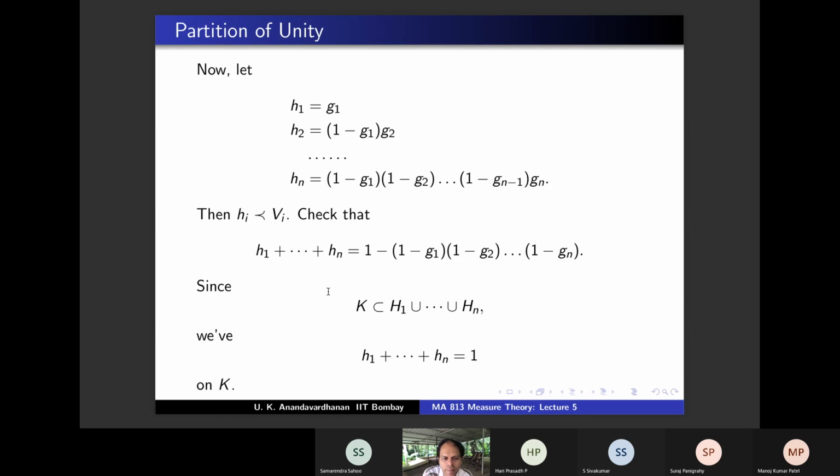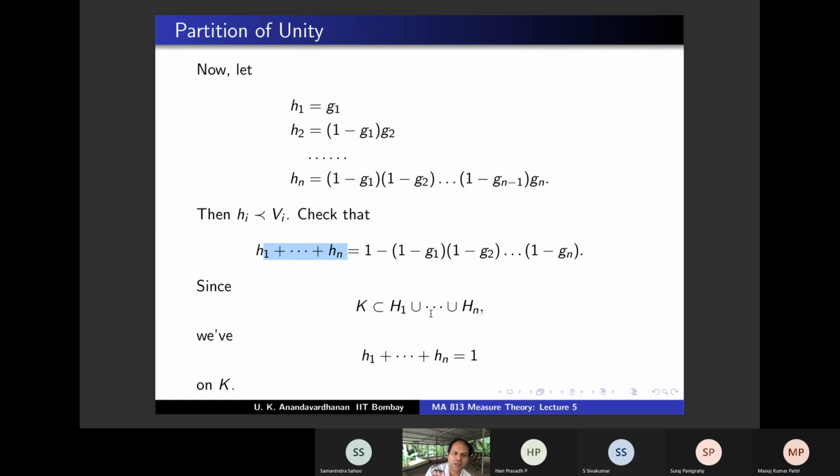So K is contained in this, and you can check that the sum is 1 on K. Why is the sum 1 on K? Because this sum, if you take x in K, then what happens? Then x belongs to at least one Hi.